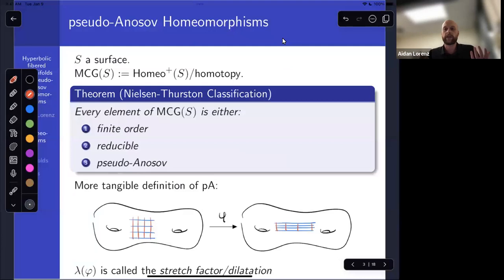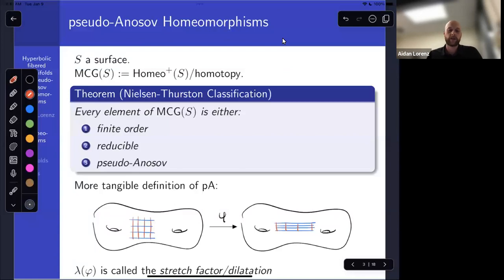The factors by which it stretches and compresses are reciprocals of one another. You can see in this little drawing that you have a vertical foliation of your surface in red, at least I drew a little local picture of it, and a horizontal foliation of your surface in blue. And the pseudo-Anosov phi is stretching along the blue foliation and compressing along the red foliation by reciprocal factors.